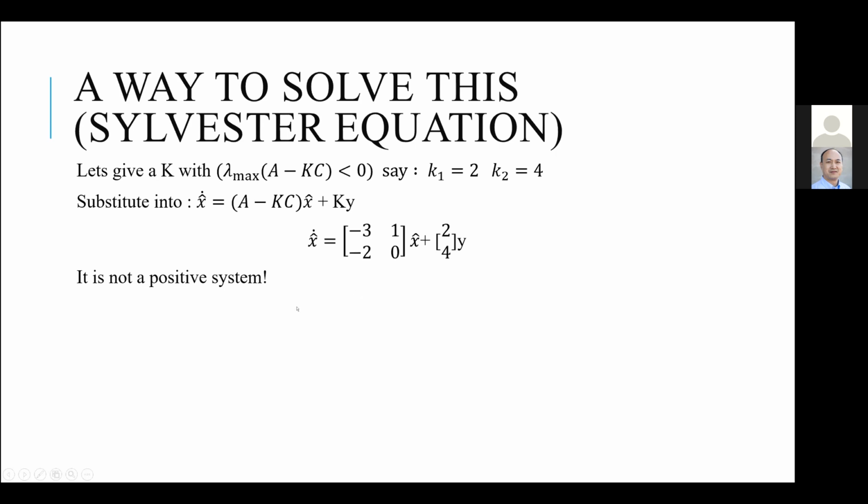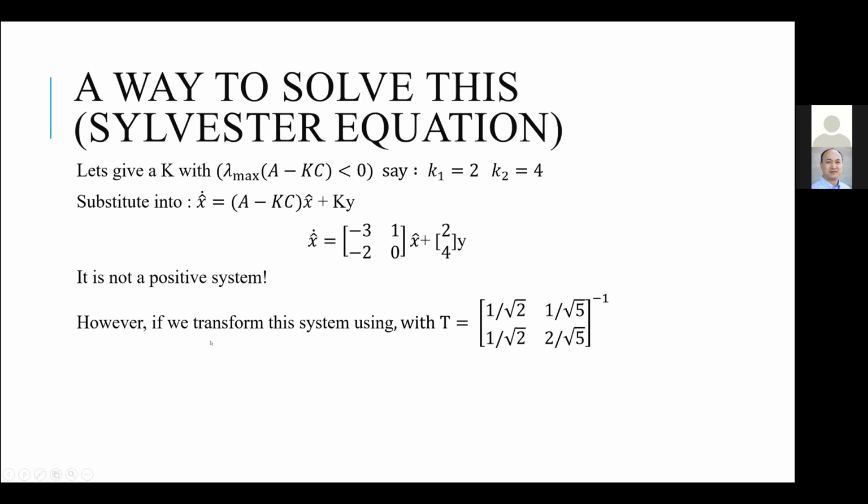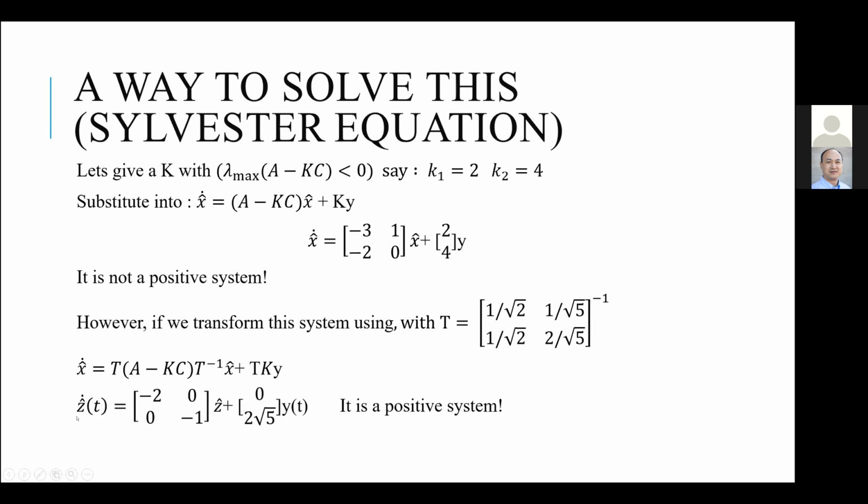It's not positive. However, you can transform this system by this T, right? You transform by T, and then you transform the K as well. After that, you get a Z matrix, which is a positive linear observer. So a positive linear observer can be obtained from a non-positive linear observer by using a T this way.